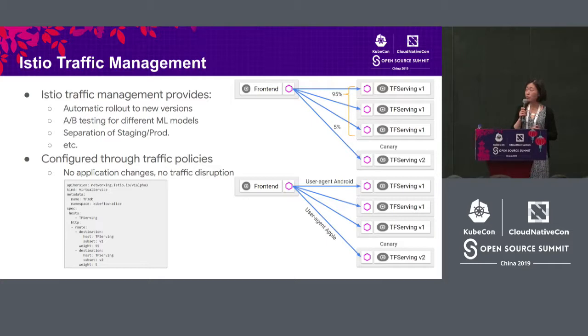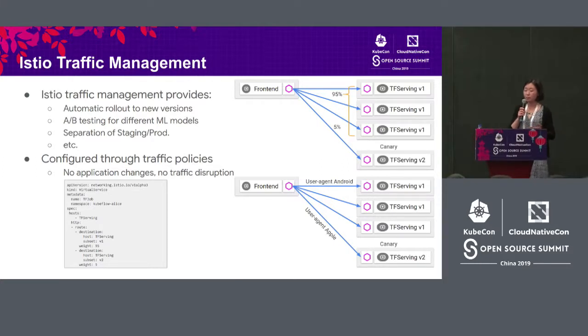You can also do traffic splitting based on request content, for example the request header. You can say, if the request comes from an Android device, send it to a V1 workload. If the traffic comes from an Apple device, send it to a V2 workload.